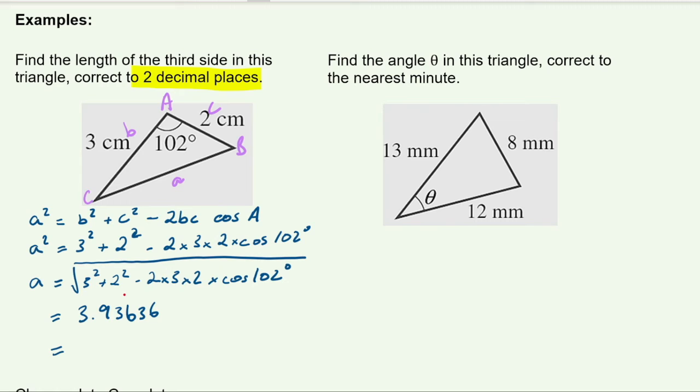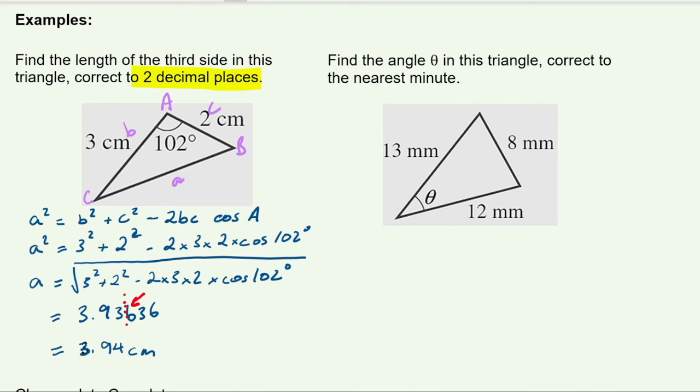I want to go to 2 decimal places. So I look at this number here. This number here is above the halfway. So it's 3.94. And we've given the measurements, so it will be in centimeters. Okay. Let's do the next one.